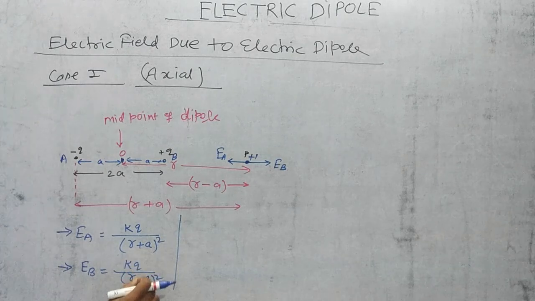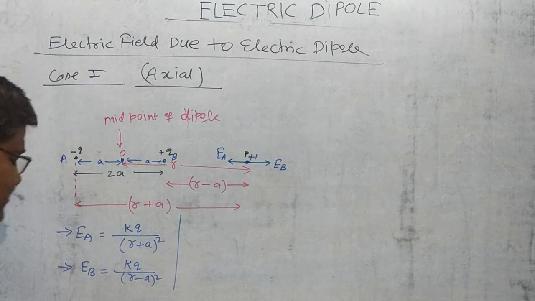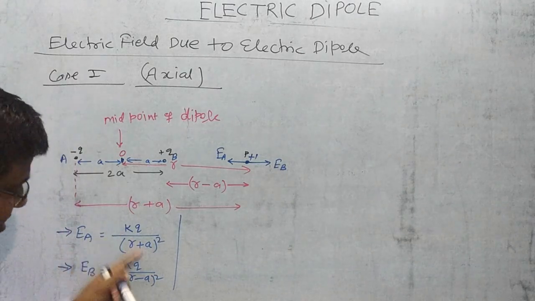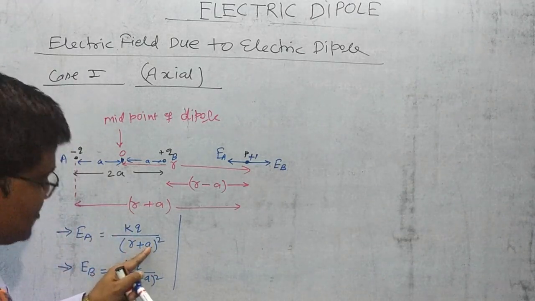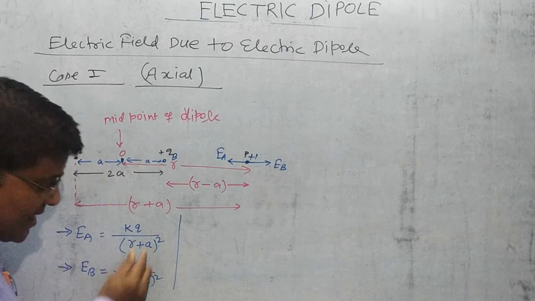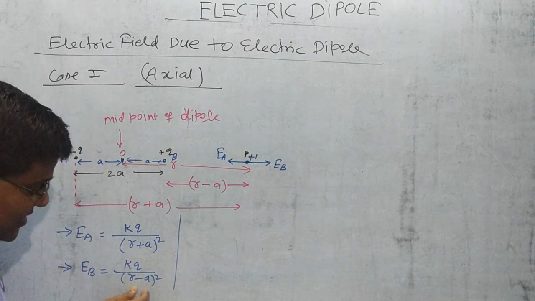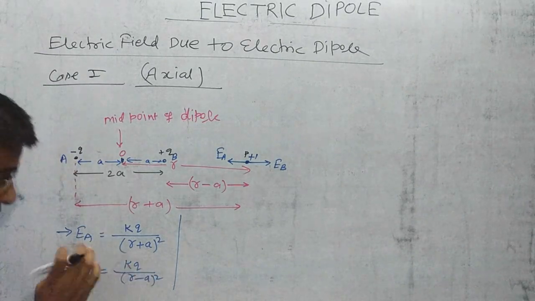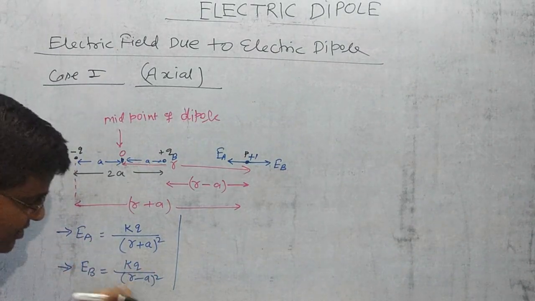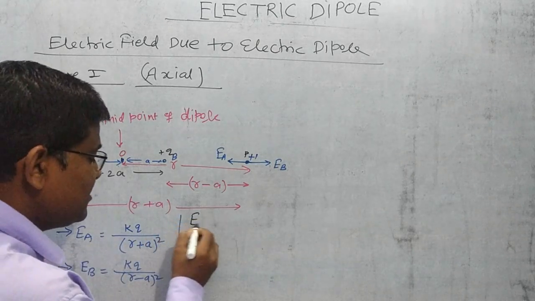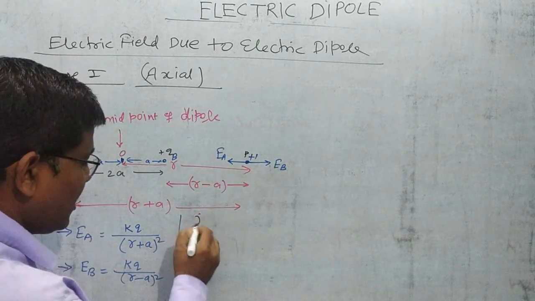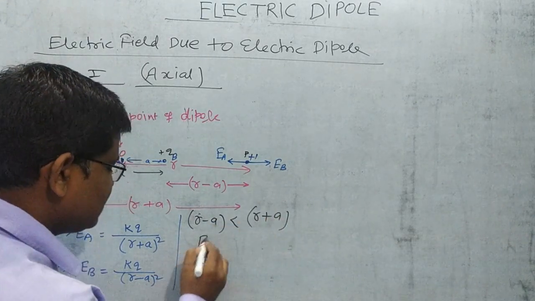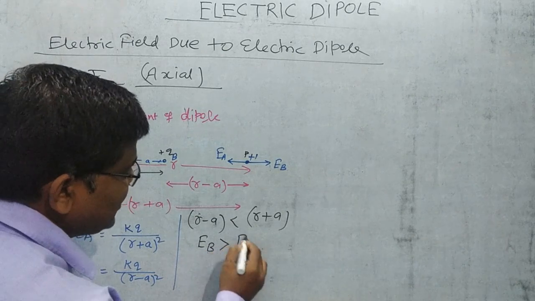The fraction whose denominator is less is greater. R minus A is less than R plus A. That's why EB is greater than EA.